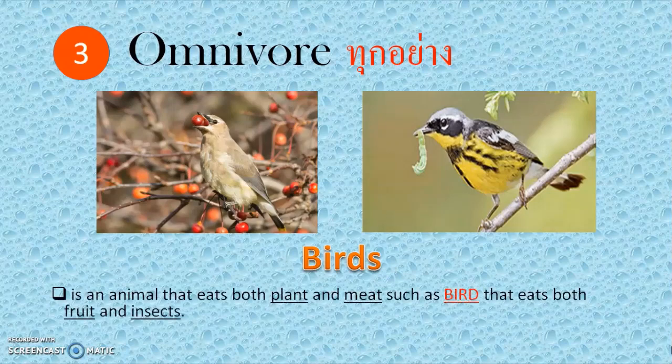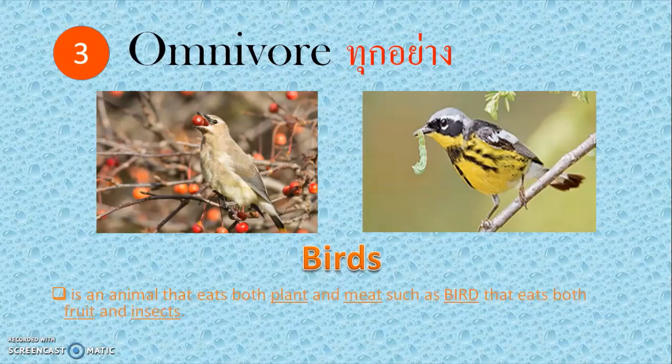Because an omnivore is an animal that eats both plants and meat, such as a bird that eats both fruits and insects. That's right. The bird eats fruits and sometimes they eat insects. Did you understand? Okay.